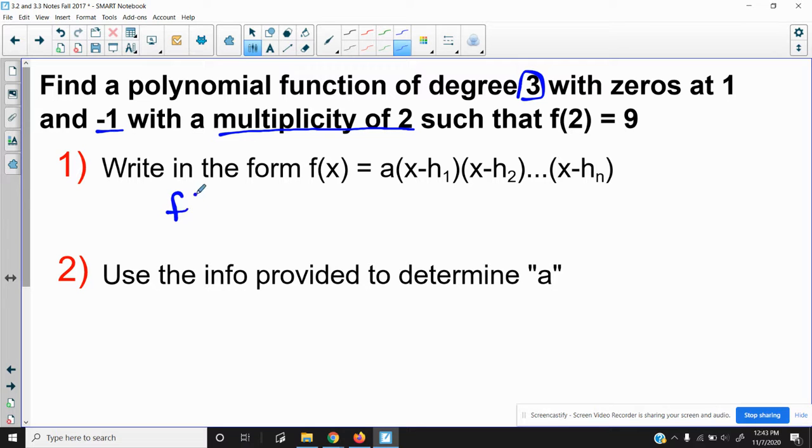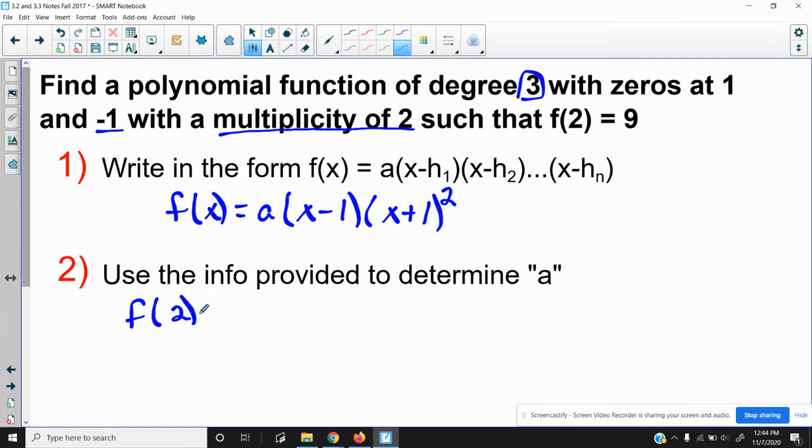So we're going to start off by writing f of x equals a times x minus 1, that's my 0 at 1, times x minus a negative 1, but I've got 2 of those because that's what multiplicity of 2 means. Now I'm going to do what I did before. F of 2 is equal to 9, but f of 2 is also equal to a times 1 times 3 squared.